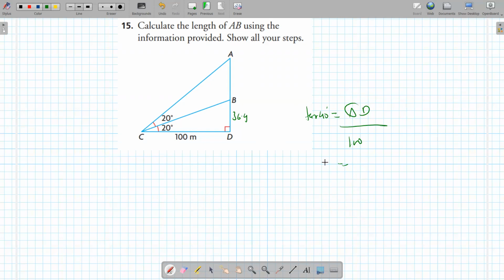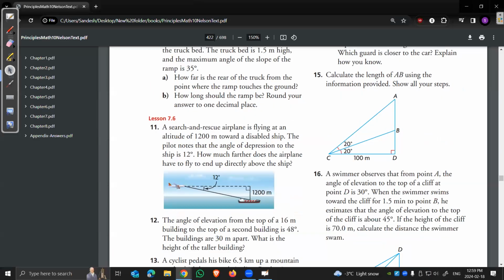That is 83.9. So this big side is 83.9 AD, and then BD is only 36.4. So now how do we find AB? You subtract 36.4. So your final answer is 47.5. And you're done, easy. Right angle triangles are not too bad, honestly.